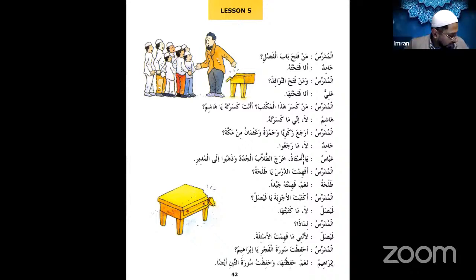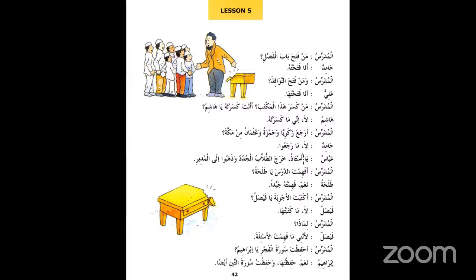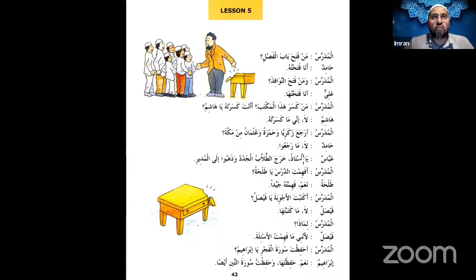It's called an attached accusative pronoun because it's coming as an object. As you know, all such pronouns are in the state of mansub, and this pronoun is in the state of mansub, and that's the reason why it's called dhamir mansub muttasil.